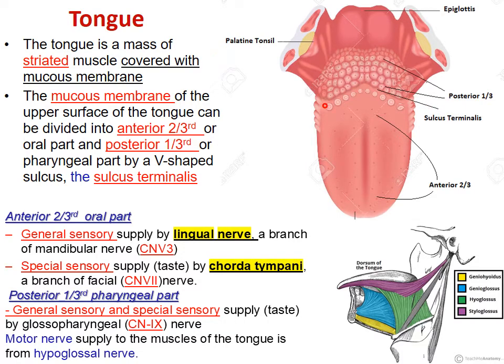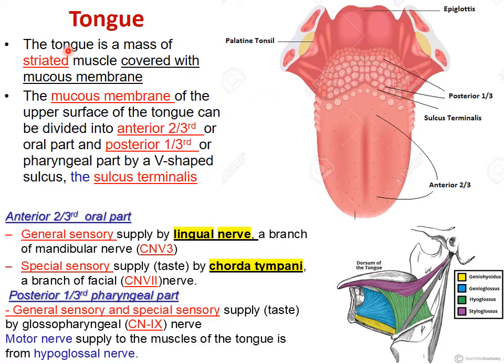Anterior to this sulcus terminalis comprises the 2/3 of the tongue. So this is the anterior part. So the anterior 2/3 of the tongue, and behind this one is 1/3, the root of the tongue. This is called the posterior 1/3. Anterior 2/3, posterior 1/3, divided by the sulcus terminalis.